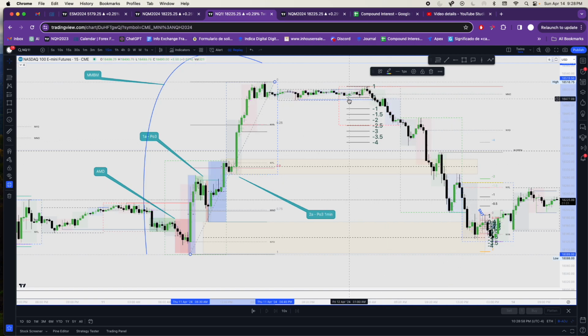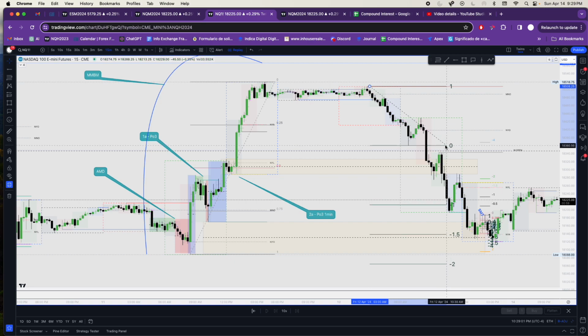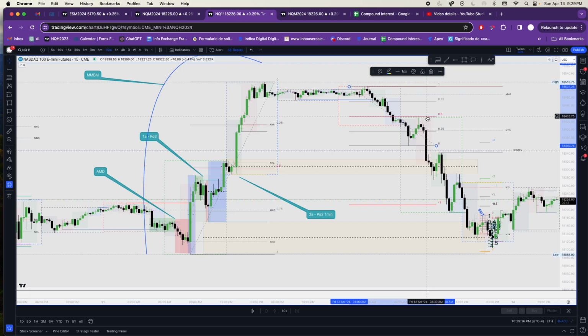Excuse me. Very high premium. And I want to say this is stage one. One could say this is stage one right here, but I want to say this is stage one. And this is our quad. And we go up to equilibrium and continue moving down.